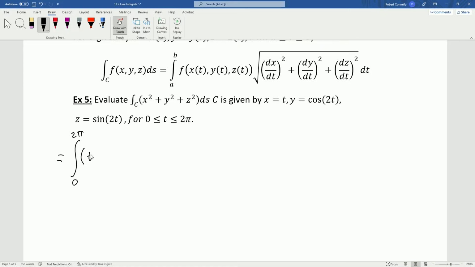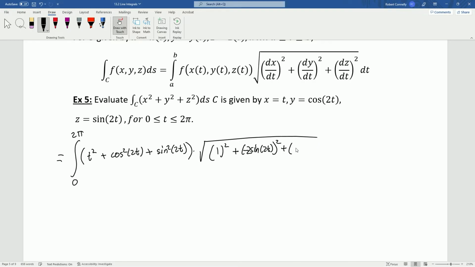X squared is going to give us t squared plus y squared, which is cosine squared of 2t, plus z squared, which is sine squared of 2t, times the square root of dx/dt, which is 1, squared, plus dy/dt, which is negative 2 sine of 2t, squared, plus 2 cosine of 2t, squared, when I take the derivative of z with respect to t.